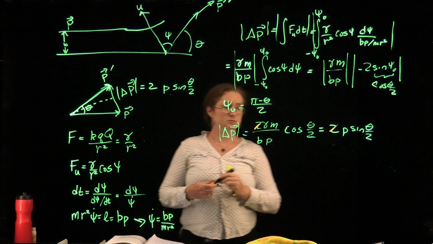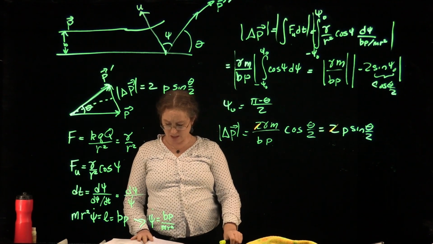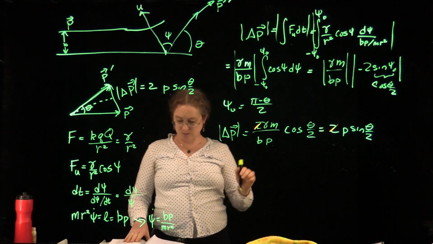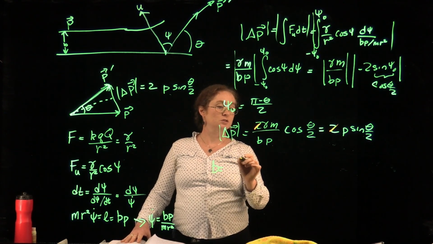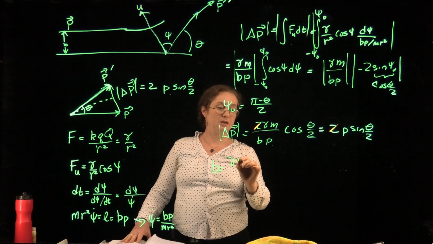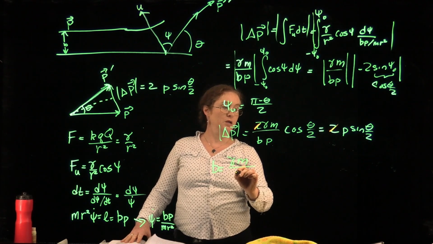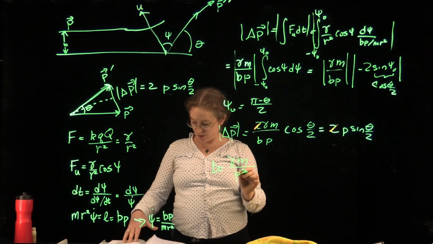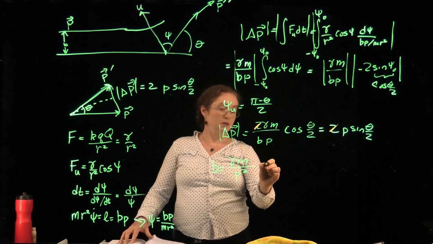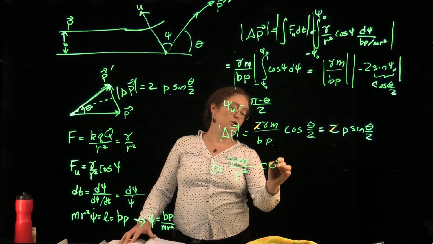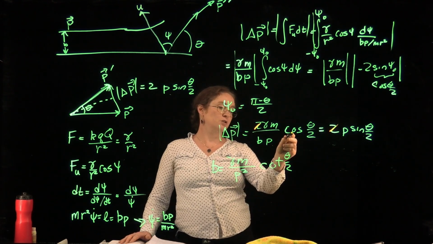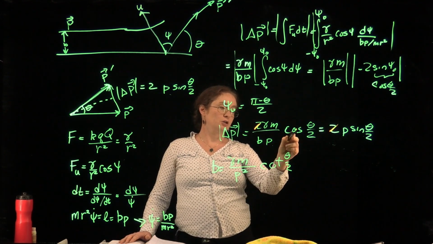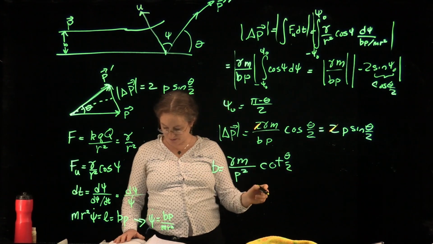And I get b equals gamma m over p squared. And here I have a cotangent theta over 2. It's a cotangent because I have cosine over sine.